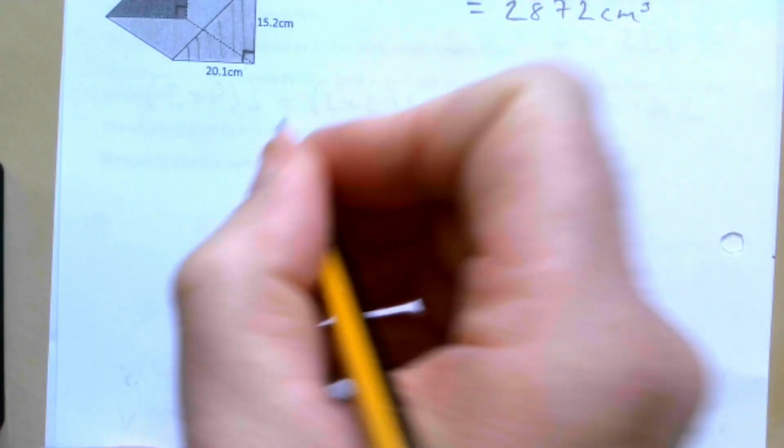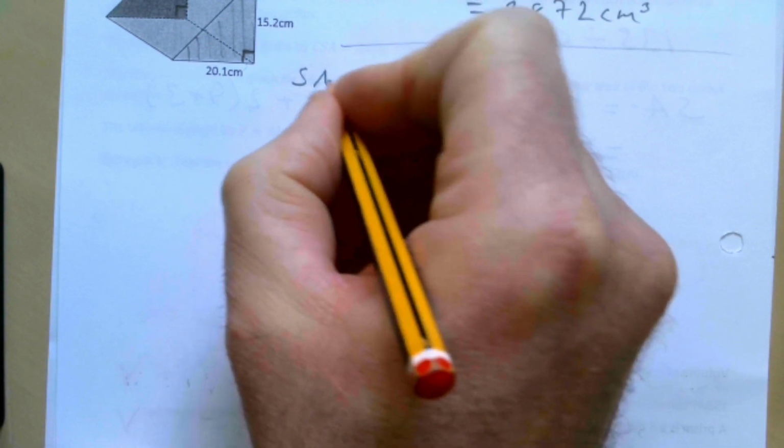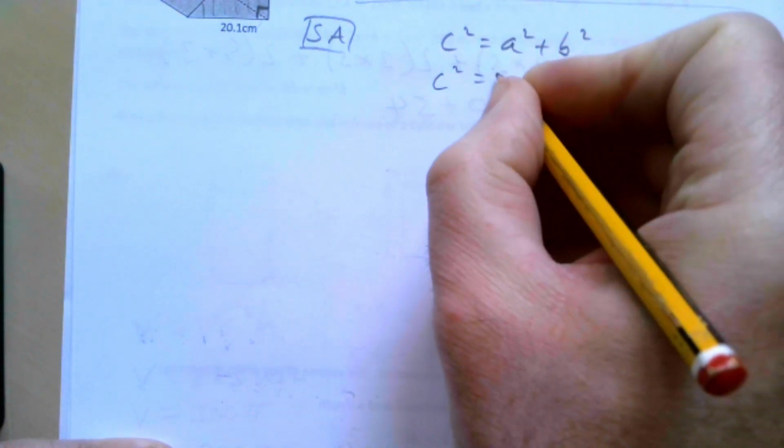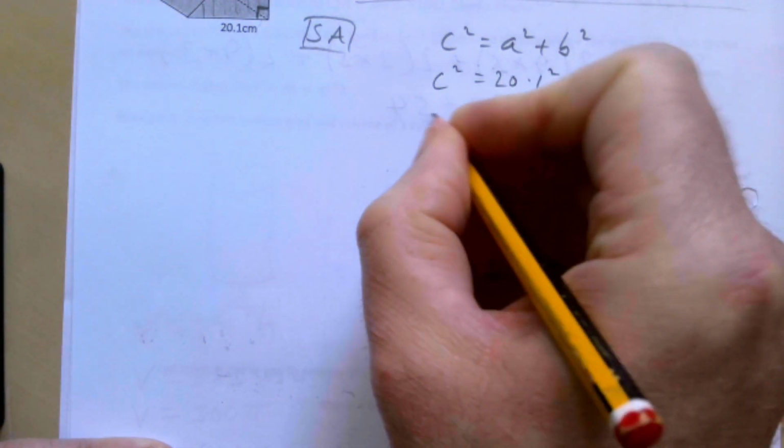Alright. For the surface area, it's a little bit more messy, so we need to find this length here. So we're going to have to do Pythagoras. Let's do a wee title here. This is the surface area we're starting to work out. So first of all, for Pythagoras, c squared equals a squared plus b squared. C squared is 20.1 squared plus 15.2 squared.